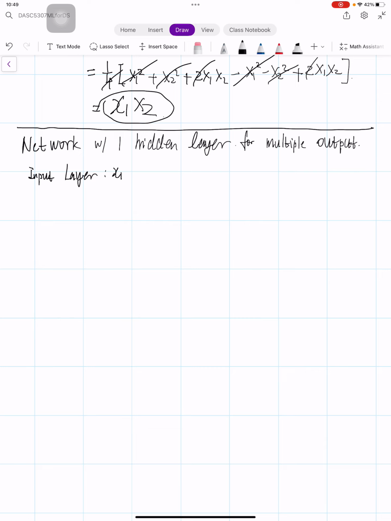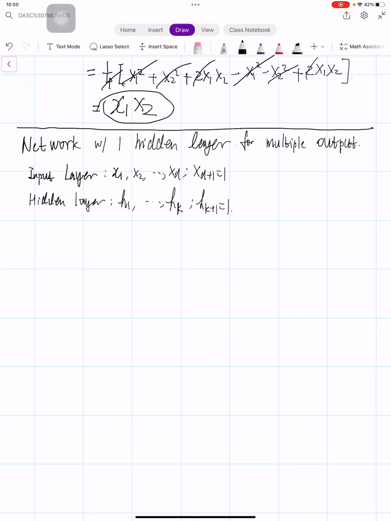So it's x1, x2, xd. We have the one hidden layer, so it's h1, up to hk, and don't forget the intercept term, so h(k+1) equals 1.